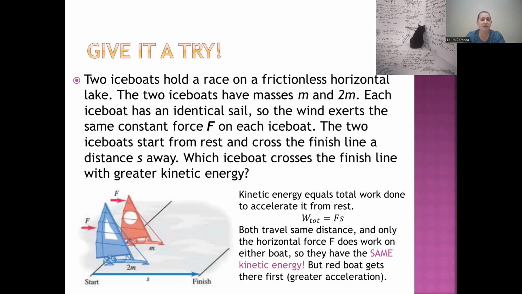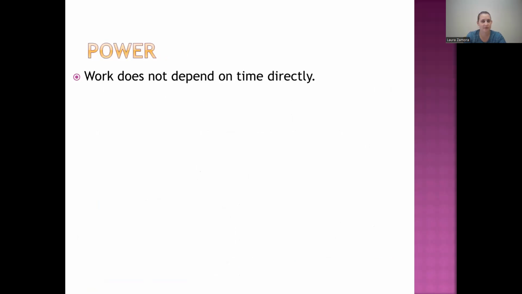So they have the same kinetic energy. But one of them is going to get there first, right? The red boat gets there first because it can move faster. But that wasn't the question. The question was, which one has the greater kinetic energy? They have an equal amount of kinetic energy, but the red boat will win. Okay.